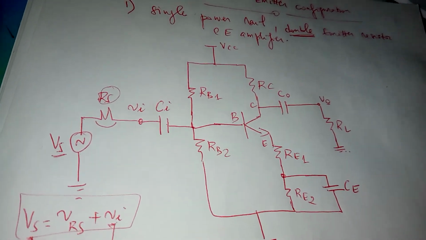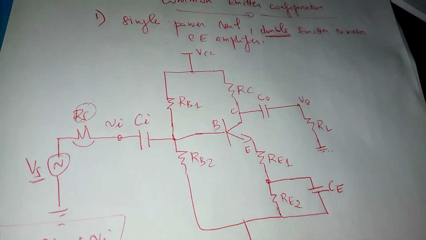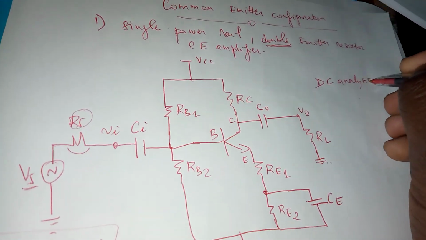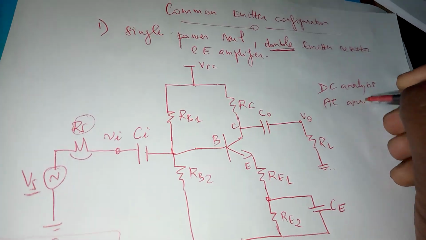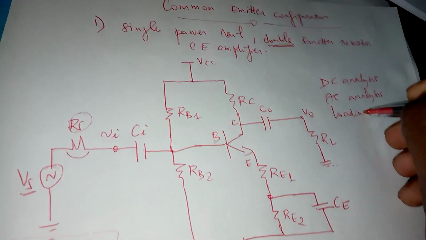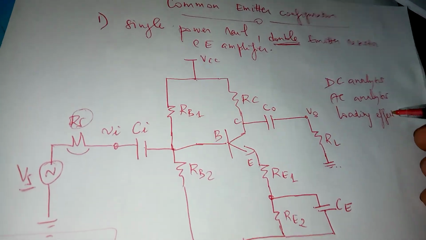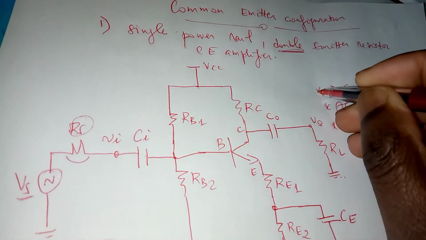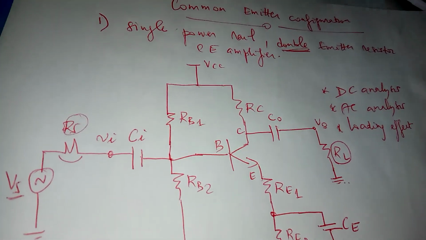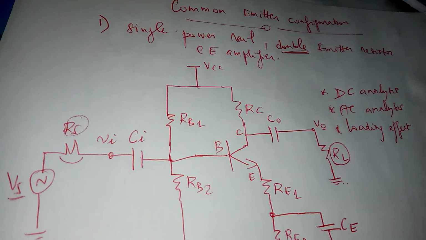So we will look at three things in solving most problems. We're going to do the DC analysis, we're going to do the AC analysis, and we will look at the loading effect. Loading effect has to do with the influence of having RL and not having it on the gain of the amplifier.